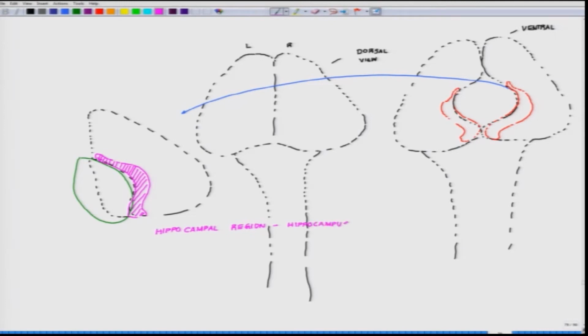This is one area which is believed to be deeply involved in memory formation, learning. Now, how do you know that this area is involved in it?